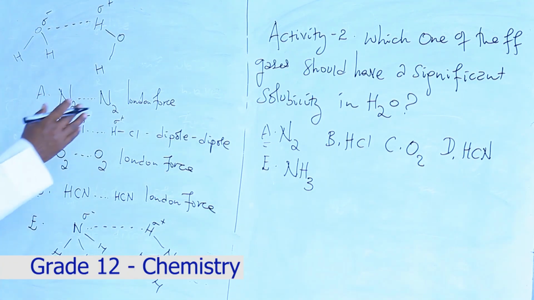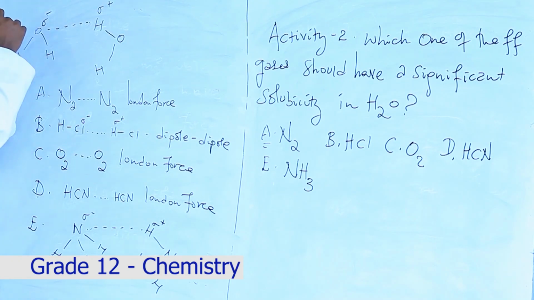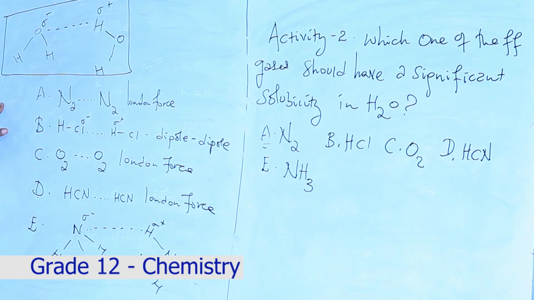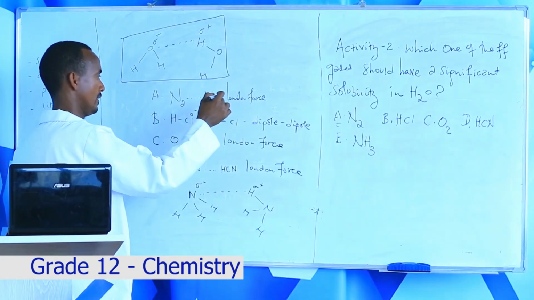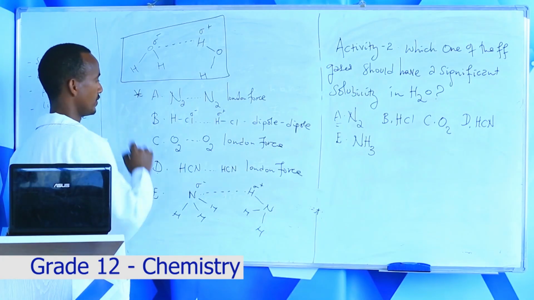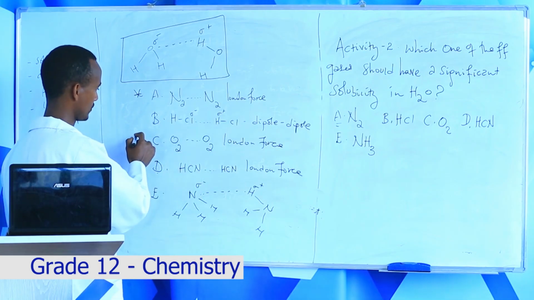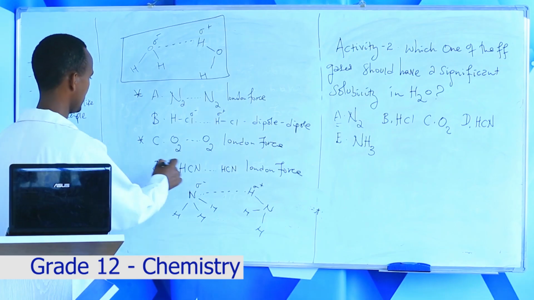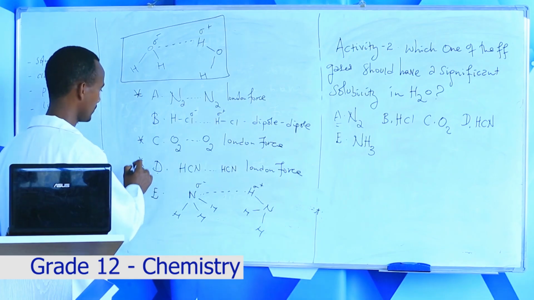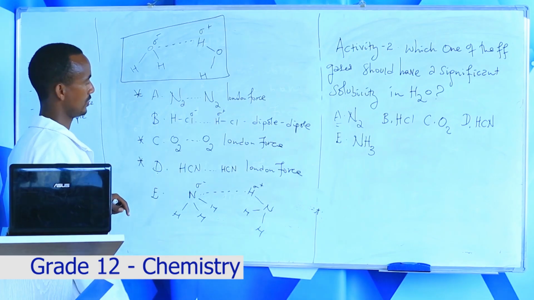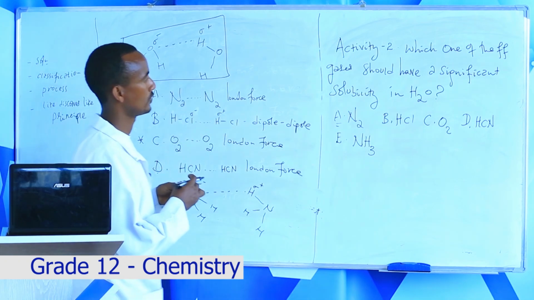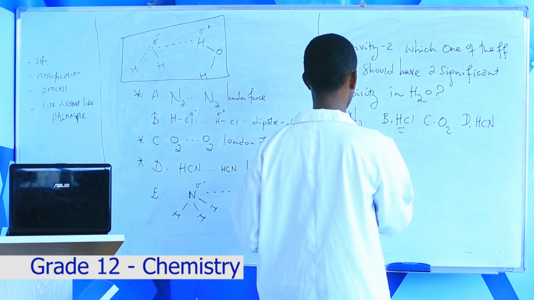Therefore, for this question, since our solvent water is a polar molecule, nitrogen could not dissolve in it, oxygen could not dissolve in water, and hydrogen cyanide could not dissolve in water. So we are left with two options, HCl and ammonia.